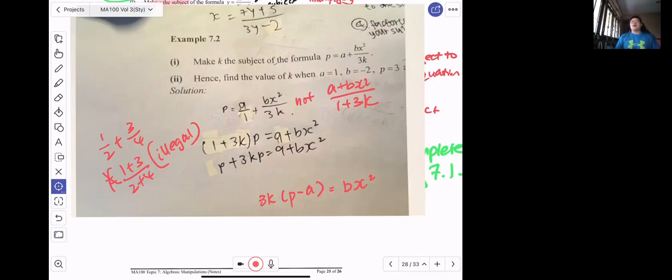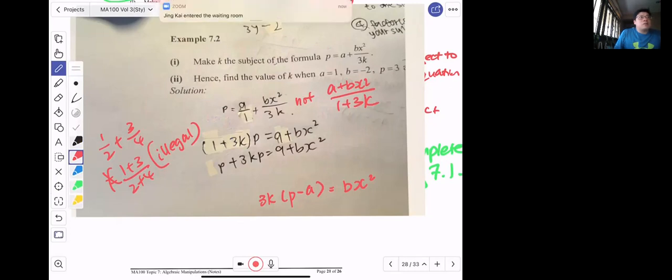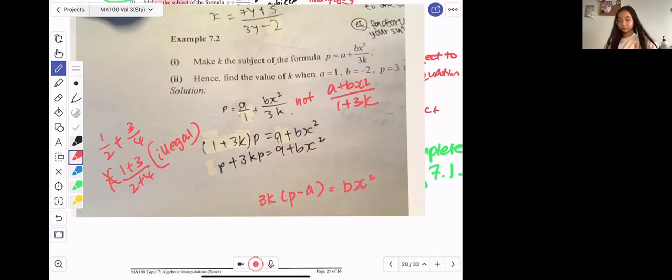The term with k you keep on the left. The term without k you bring to the right side. But both terms have k, right?